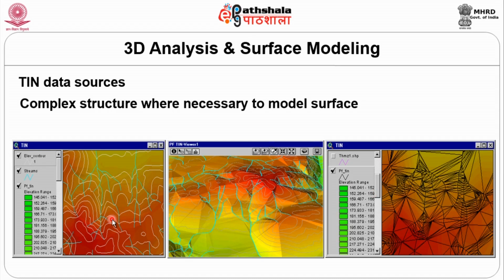From your simple contour data and your drainage, which is already available from various sources, namely a topographic map or any other method of mapping, you create the TIN surface from this input and then generate a 3D model. Now, on viewing this, you will be in a position to see how complex it becomes.